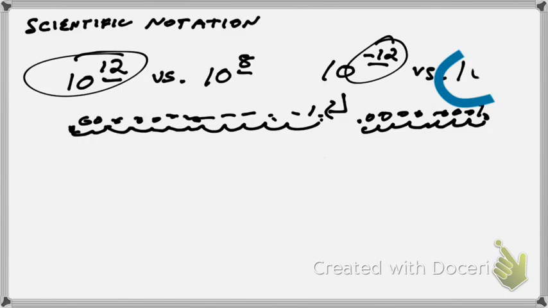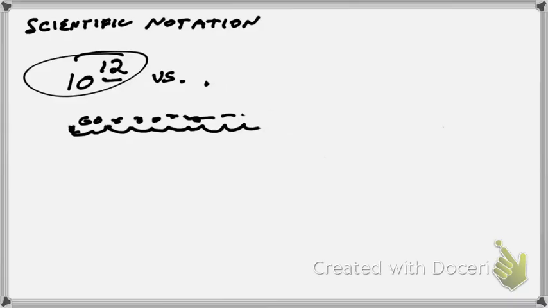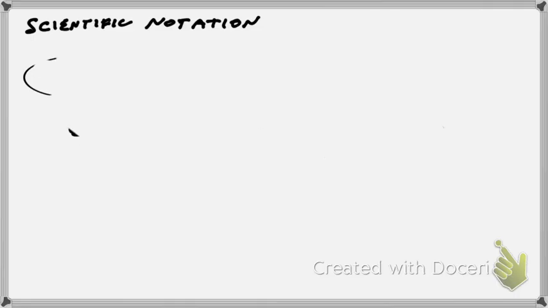All right, let me go ahead and erase this because we have to start talking about our next concept. I really want to point out what the difference in two exponents can make.